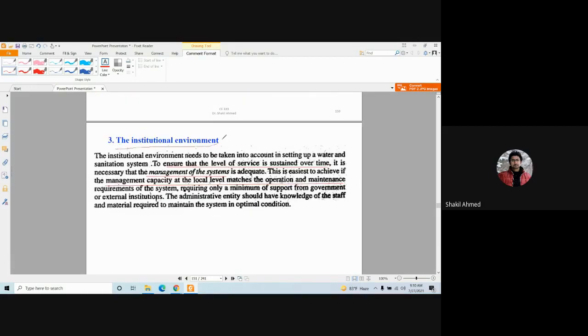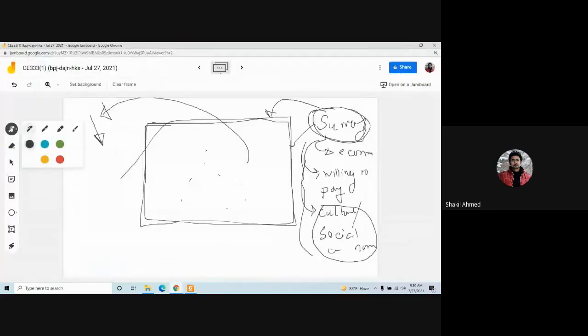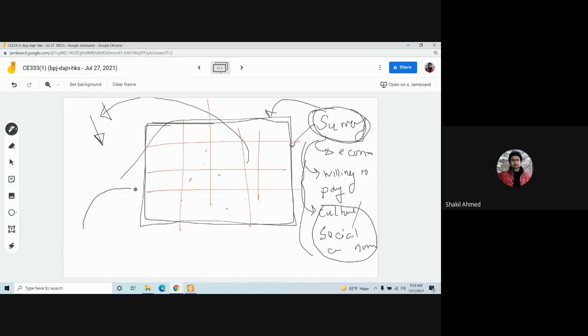The institutional environment, guys. When you provide a sanitation service or a water supply service, there needs to be an institution that will be responsible to run and maintain the service.